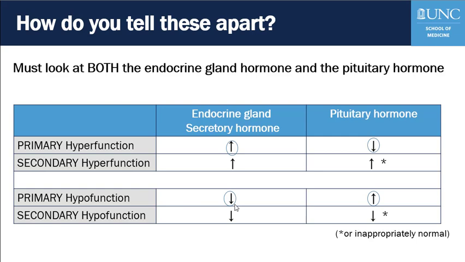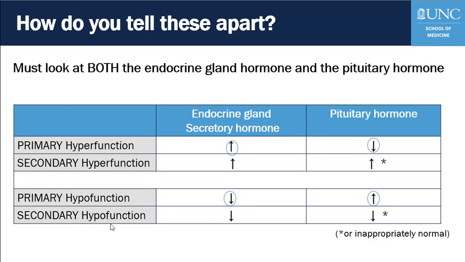In this case, the pituitary gland, which is healthy, should respond appropriately. It should raise the level of the pituitary hormone, for example ACTH or GnRH or TSH, to try to get that endocrine gland to function again. So the pituitary hormone will be high in cases of primary hypofunction.